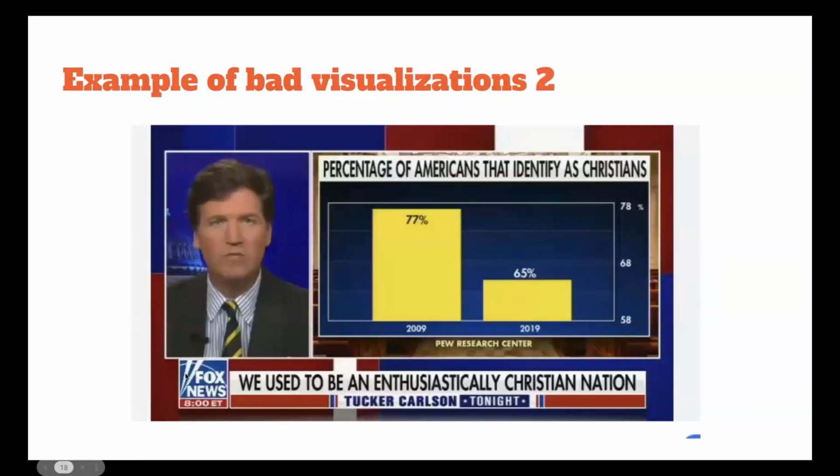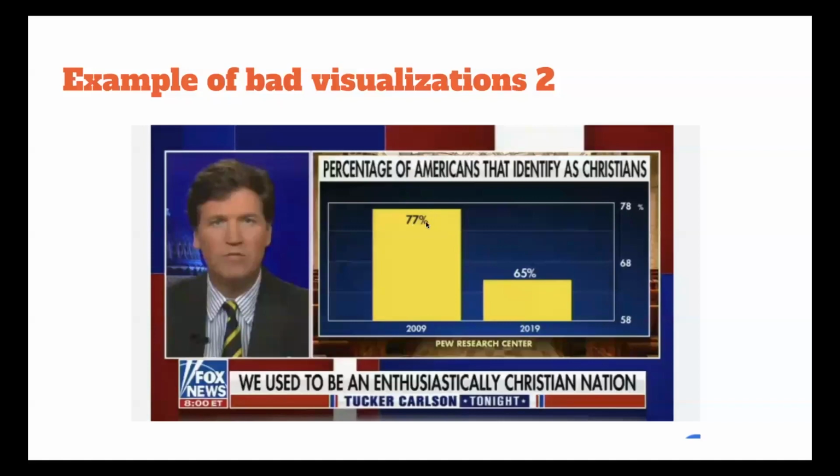Another one is this. What is wrong with this? Look at the x-axis, look at the y-axis. It says the percentage of Americans that identify as Christians. In 2009, 77% of Americans identify as Christians, while in 2019, 65% of Americans identify as Christians.